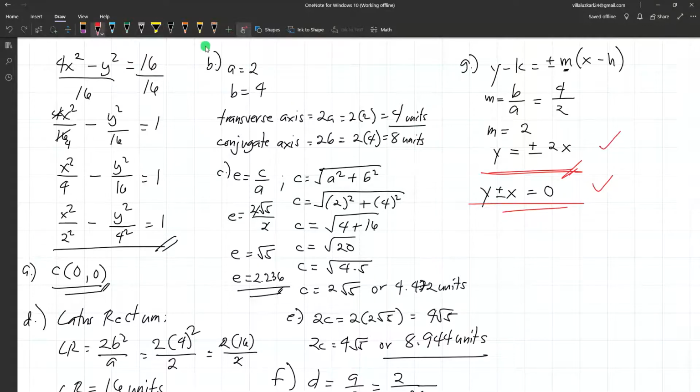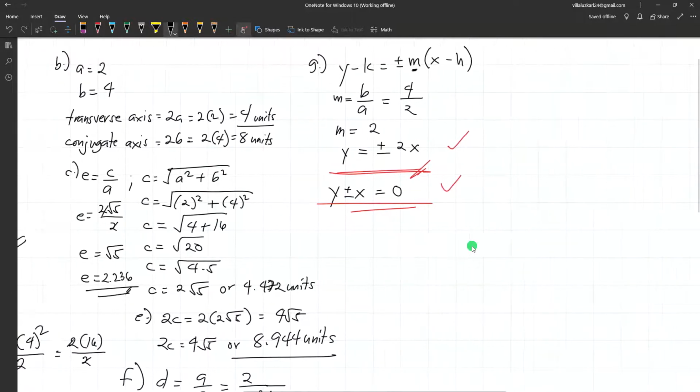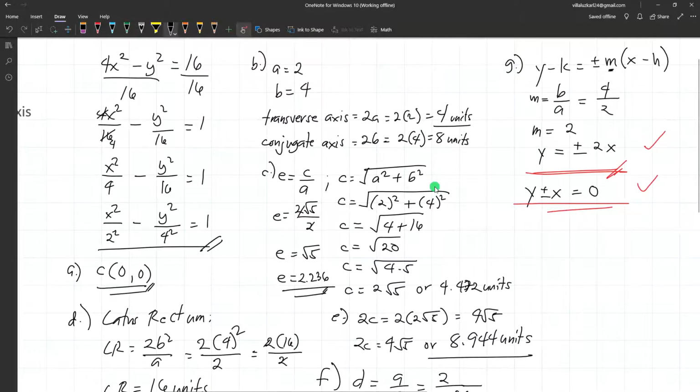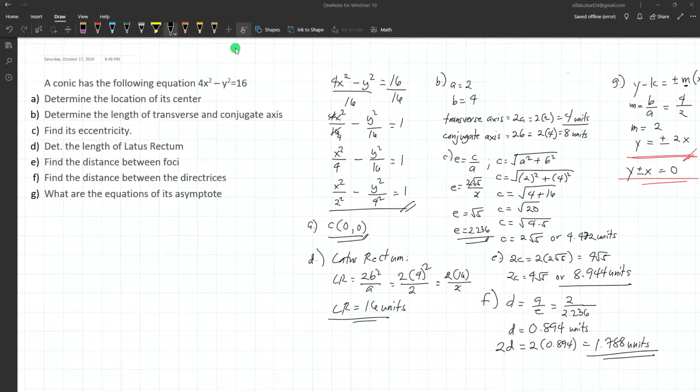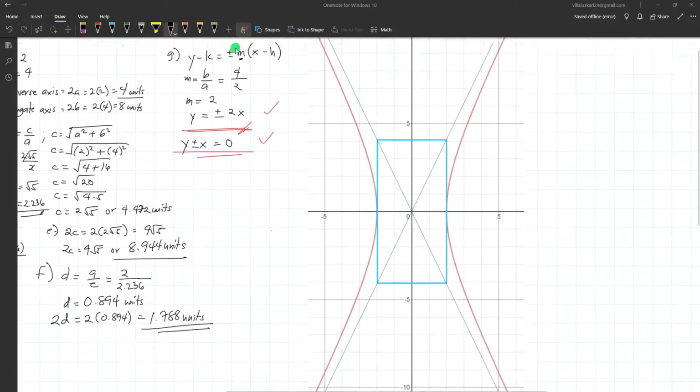Next, let's have a graphical representation of this hyperbola. So here's the figure.